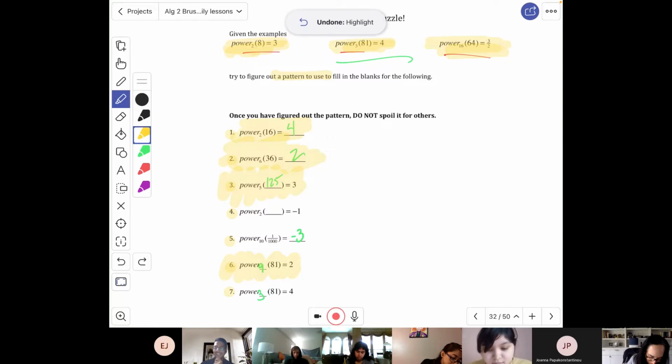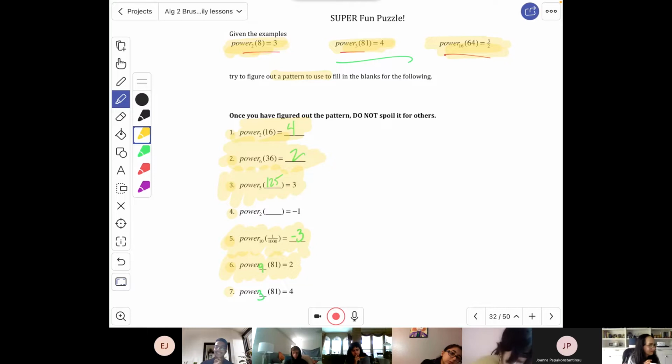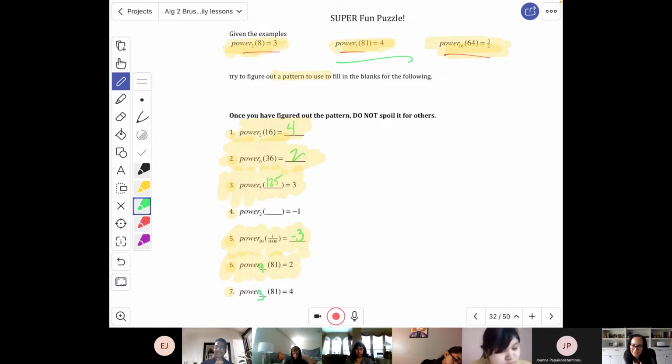Look at all these examples you have to figure out the pattern. That number 4, it's gonna kill you, huh? Anybody got number 4? I think I know it, but I don't want to ruin it.